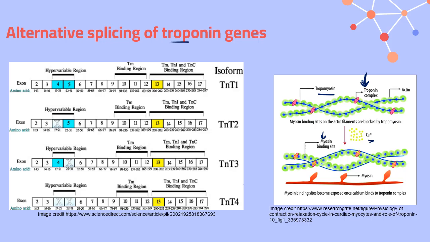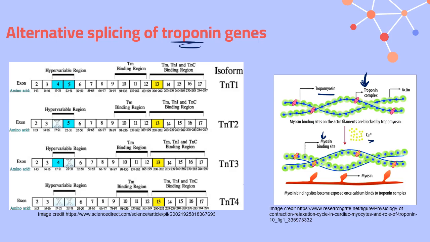We have this gene that codes for troponin. We have just this one troponin gene. But you can imagine that as we develop from embryo to fetus to infant to then adult, our hearts are different. Our hearts have different functions, and so that heart muscle needs to contract in different ways.